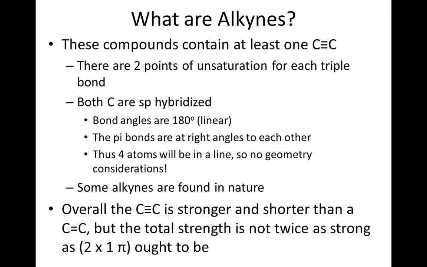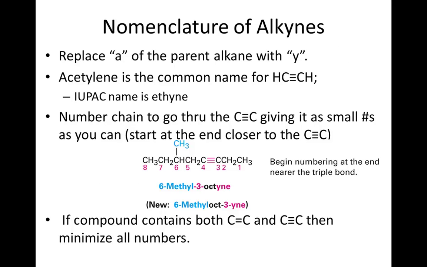So overall, the total is stronger and shorter than a carbon-carbon double bond, but the total strength is not twice as strong as you would think you would get if you had 2 pi bonds each by themselves. And you could do a back-of-the-envelope calculation for that. But what it means is that the alkynes are a bit more reactive than the alkenes, although there are some differences and some similarities.